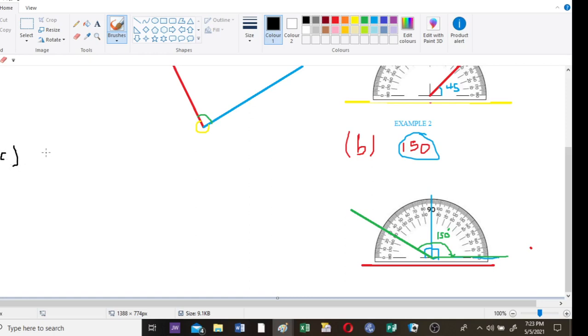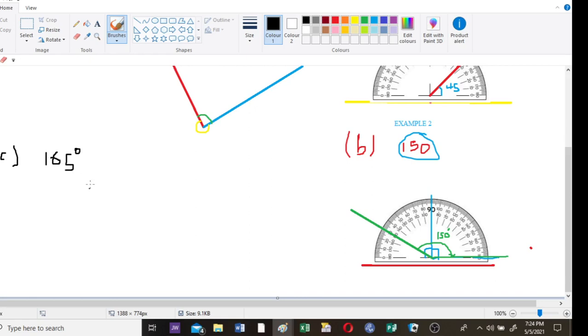We want to measure an angle of 160 degrees, or let's say 165. So 165 degrees, right? Let me just write this properly. So this is our 165 degree angle.